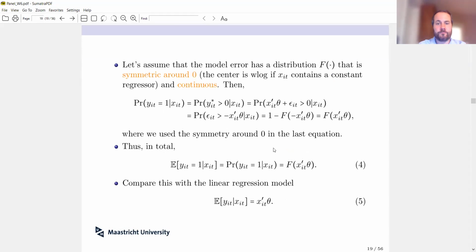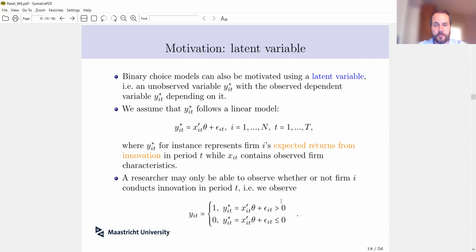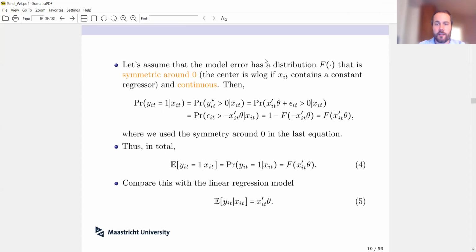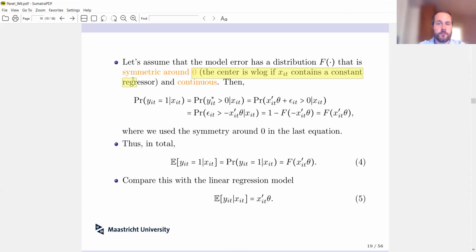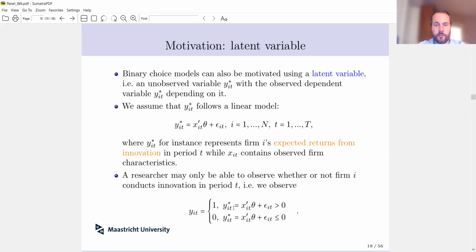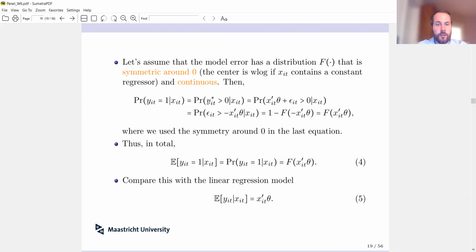Now let's assume that the model error, epsilon it here, has a distribution that is symmetric around 0. That is not really costly, as long as we include a constant regressor in the x's. We also assume that it's continuous. When we do that, we immediately see that from here to here, we just plug in the definition of yit. Here we plug in the definition of yit star.